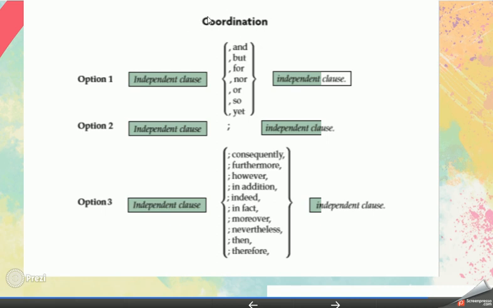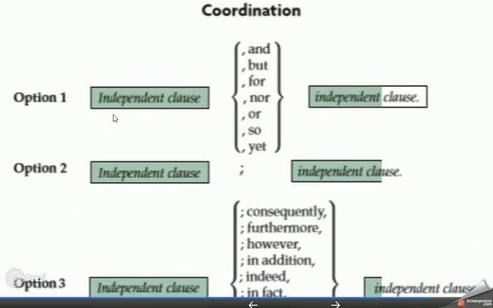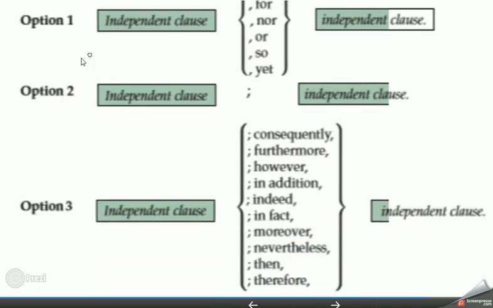And in these types of sentences, we have three options. The first one is that we have an independent clause and one of these conjunctions, and they have to be preceded by a comma. One of these: and, but, for, nor, or, so, yet. All of these are called coordinating conjunctions. And we have another independent clause. This is option 1.